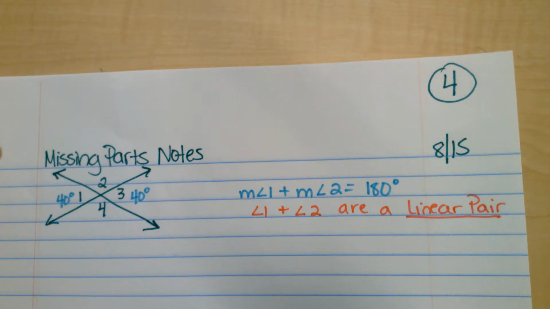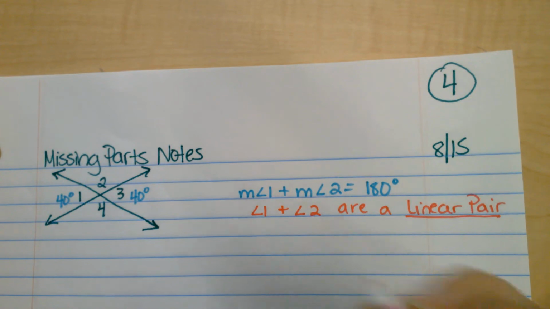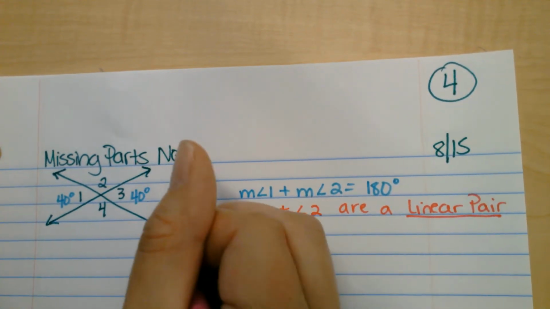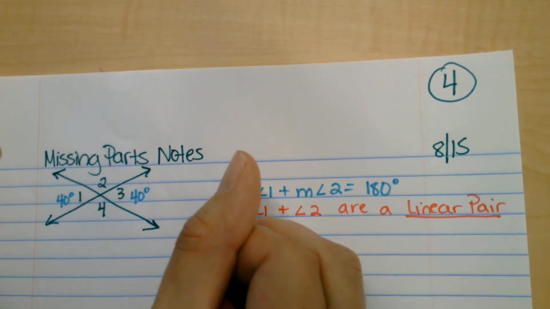The linear pair theorem states that two angles that form a linear pair are always going to be this. And it starts with an S and it ends with a supplementary. What do you think that word is? Supplementary. Very good. So the linear pair theorem, I'm going to add that little bit of notes. Linear pair theorem.